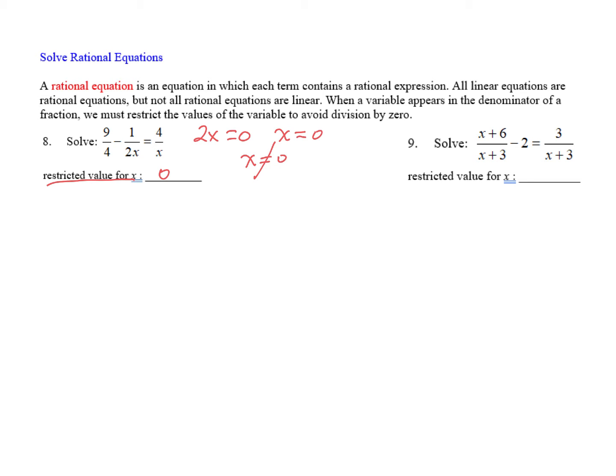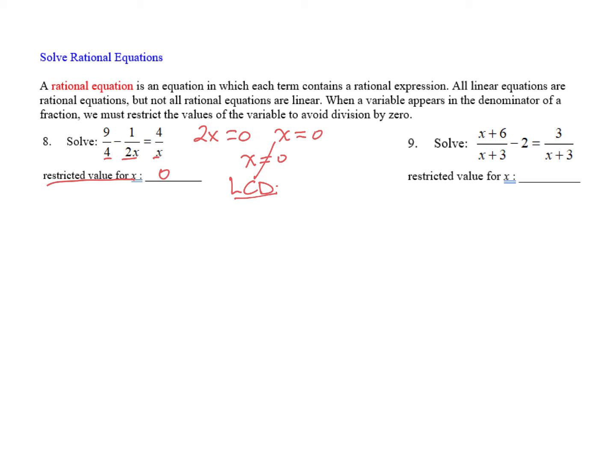After that, we're going to do exactly what we did in the previous video where we were working with fractions. We're going to multiply by the least common denominator, or the least common multiple. Now, since we're involving variables, we've got to consider those variables as part of that. So here, my denominators are 4, 2x, and x.